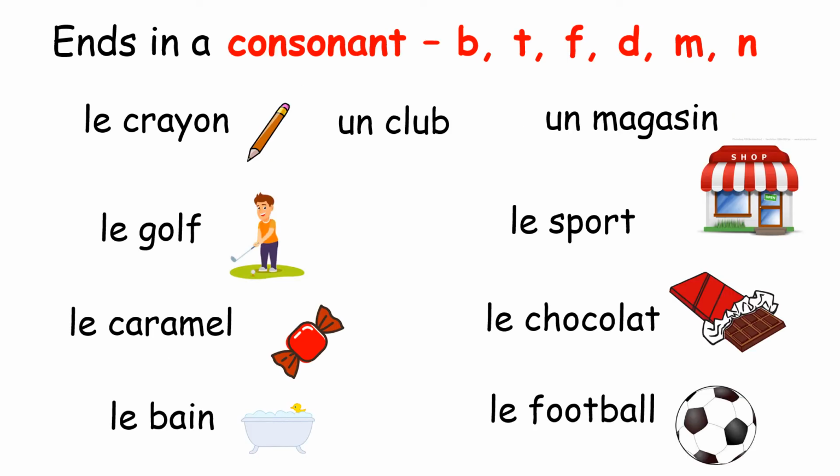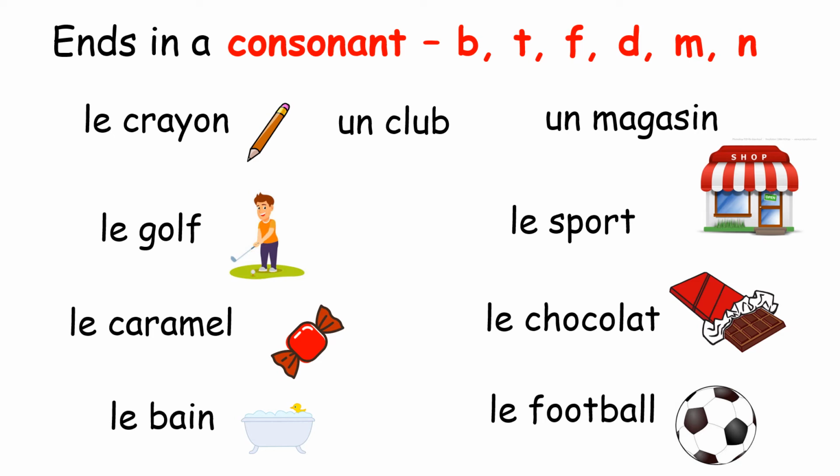And if it ends in a consonant, so this is again very generally speaking, but you can pretty much guess, if it ends in a consonant, it will tend to be masculine, especially a lot of the words you're going to see in the primary school as well. So, par exemple, le crayon that we've seen come up, so pencil, le crayon, un club, un magasin, le golf, le sport, le caramel, le chocolat, le bain, le football.